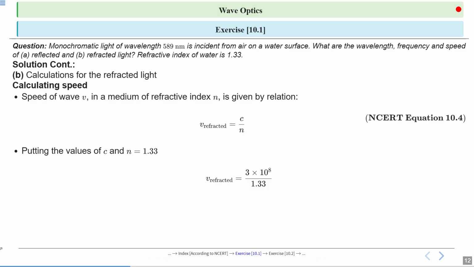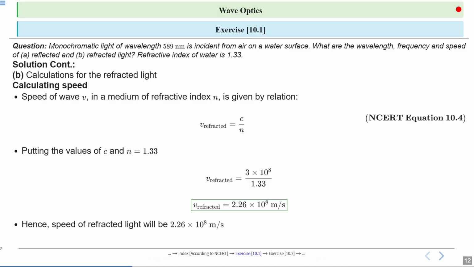This step is crucial for understanding how much slower light travels in water compared to air. After calculating, we find that the speed of the refracted light is approximately 2.26 into 10 to the power 8 meter per second.